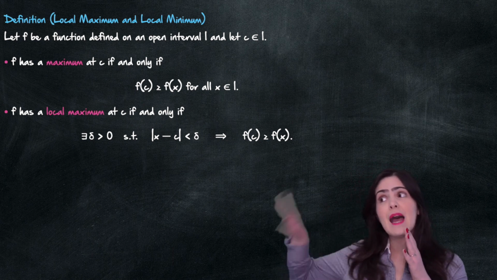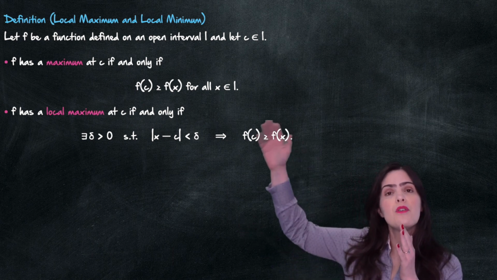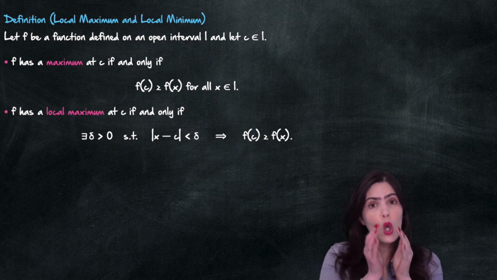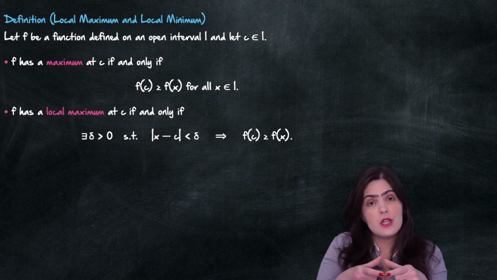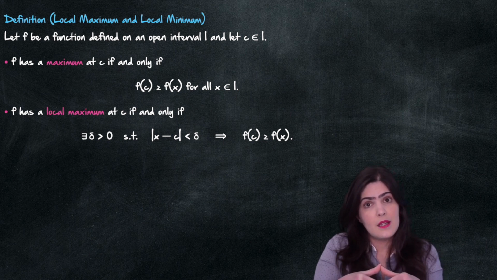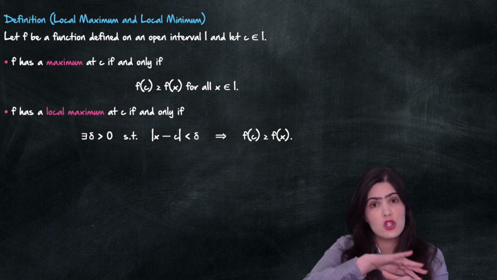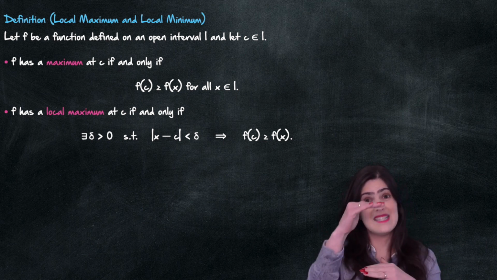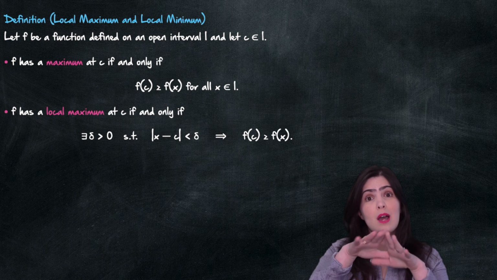Maybe farther down the line there is another value that will make things bigger, but the important thing is that it's a local thing: very close to c, my function is the tallest at point c. So f of c is the biggest value around.